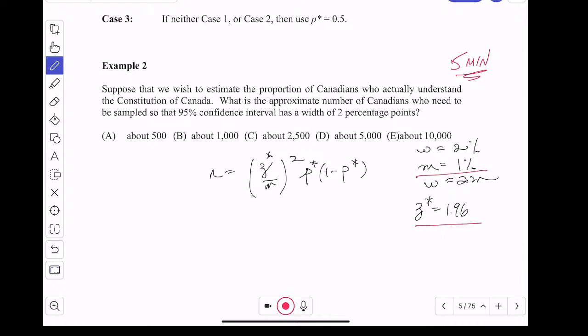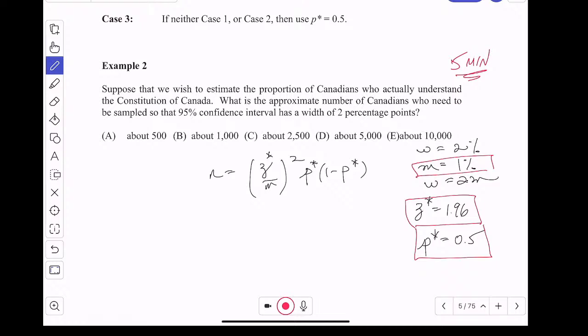And now P star. Is there any information about P provided in this question? No, there is not. So when there's no information, you use P star equals 50%. So these are our 3 nuggets of information. So we can solve.